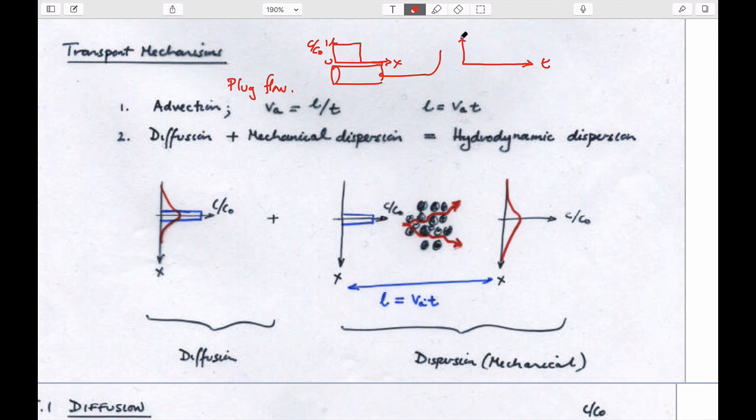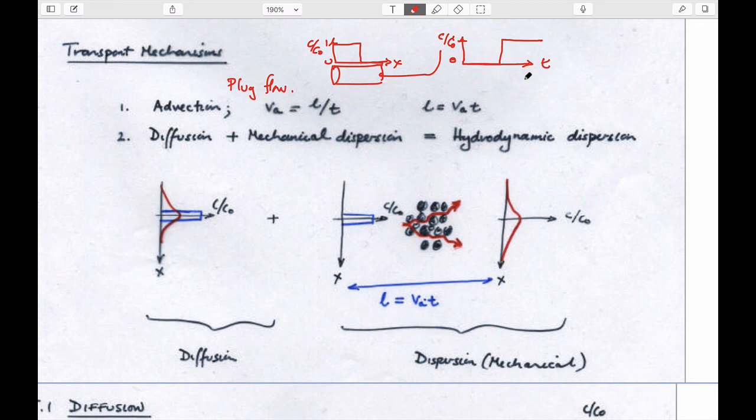Time versus concentration. Well, this is 1 and this is 0. And so the same ideas, plug flow only. So that's advection. But there's actually a simpler description, I think, of advection, which we'll come back to in a second. So the other option is to think about diffusion and mechanical dispersion.